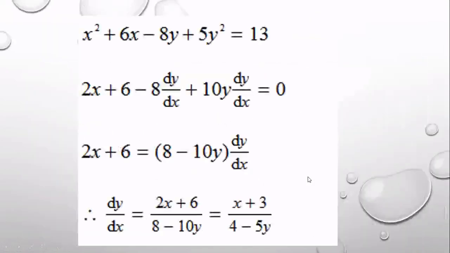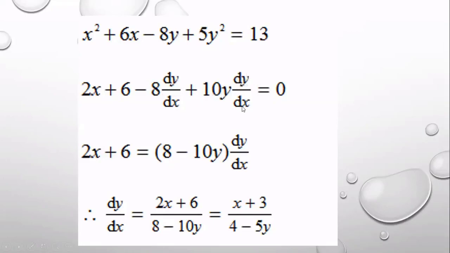So here also you will see dy over dx. So dy over dx is y dash. You see x square gives 2x, 6x, 8y, 8 into dy over dx. If you differentiate y with respect to x, it should be dy over dx, plus 10y into dy over dx.